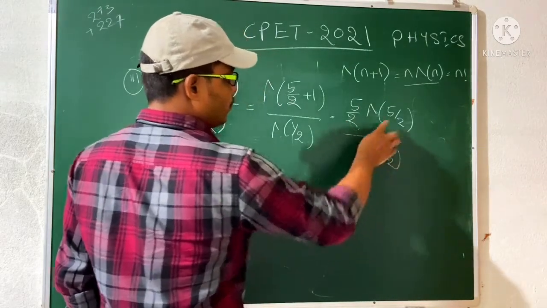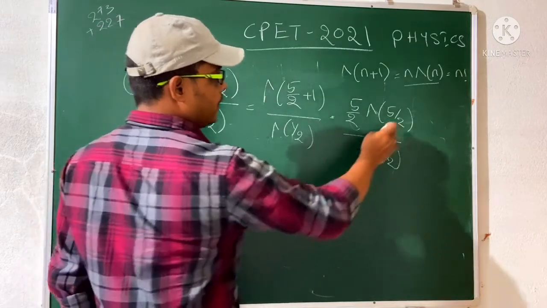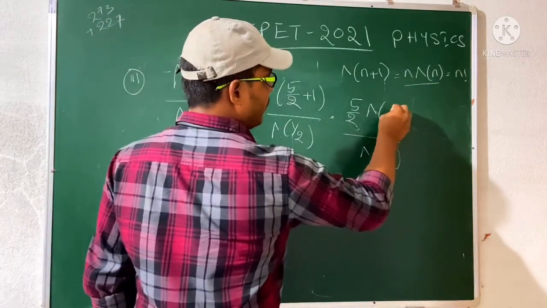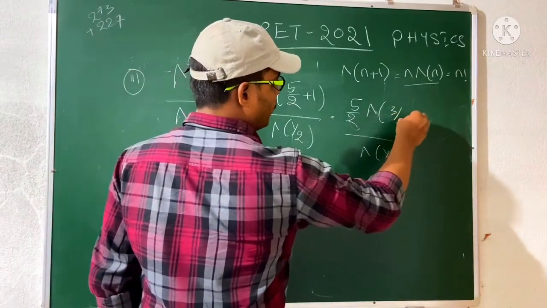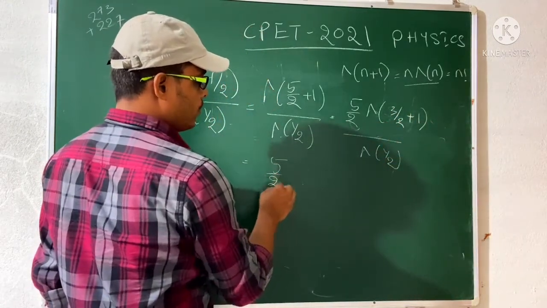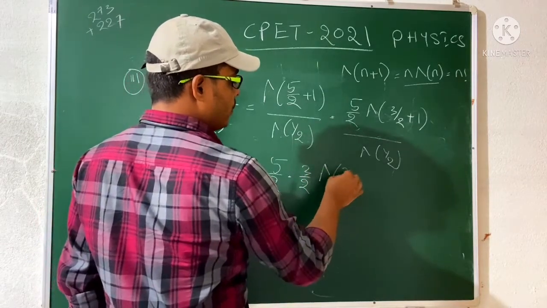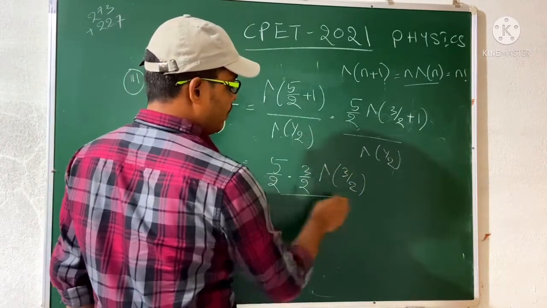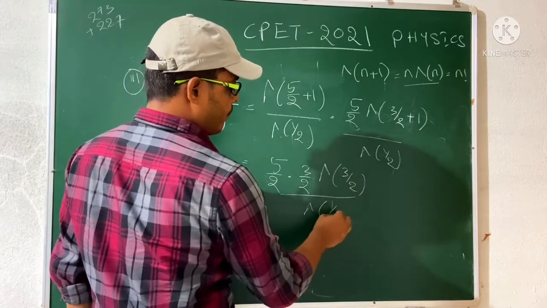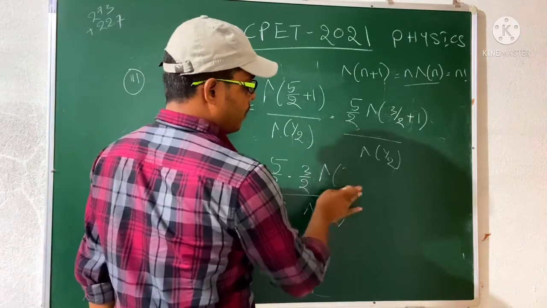Now we solve 5 by 2. What is 5 by 2? 5 by 2 is nothing but 3 by 2 plus 1, right? Again, gamma of n plus 1, so that will be 3 by 2 into gamma of 3 by 2 divided by gamma half. Now again we can write 3 by 2 as half plus 1.